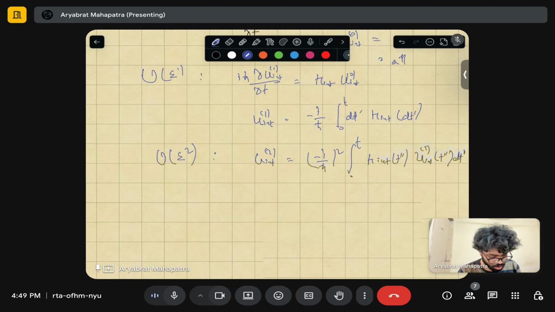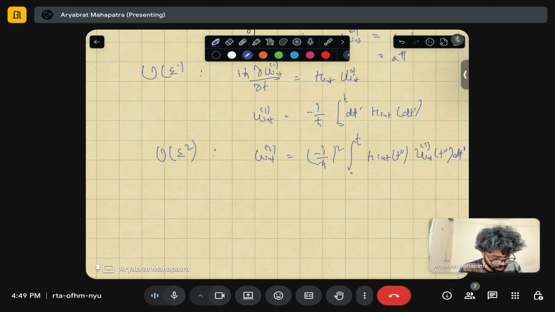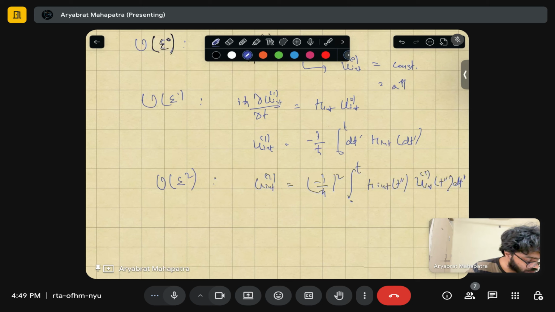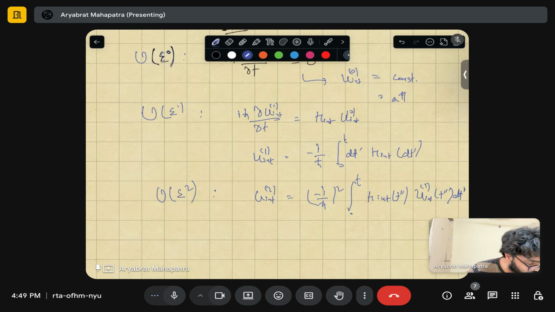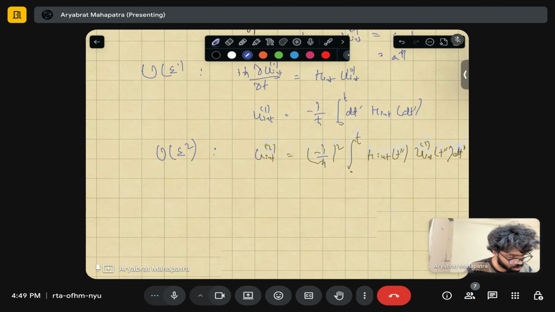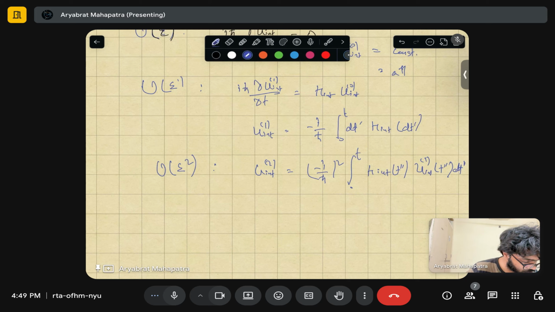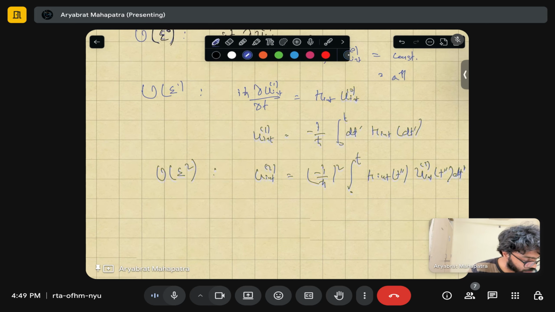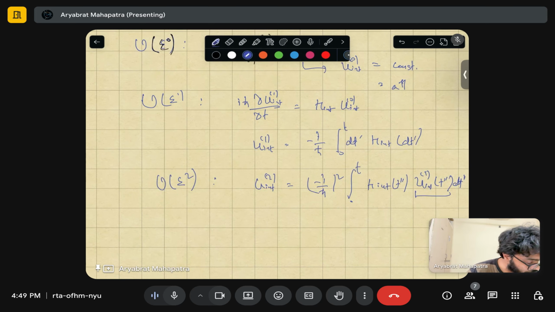In general, you can see this H int part is again something you have calculated here.